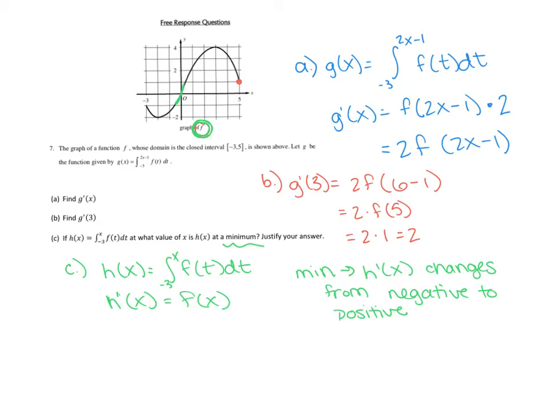Well, it does that when x is 0. So h has a min when x is 0. And the justification, because it says we have to justify, this whole thing here, that's our justification, the part that I wrote before.